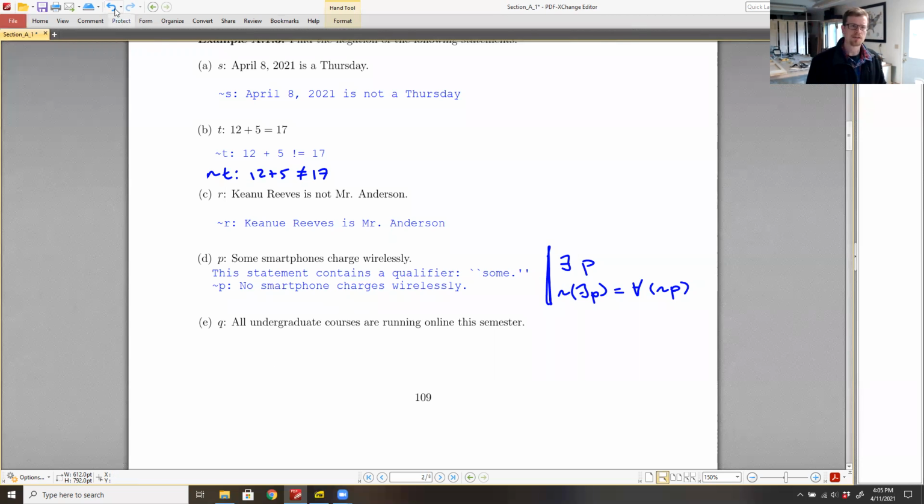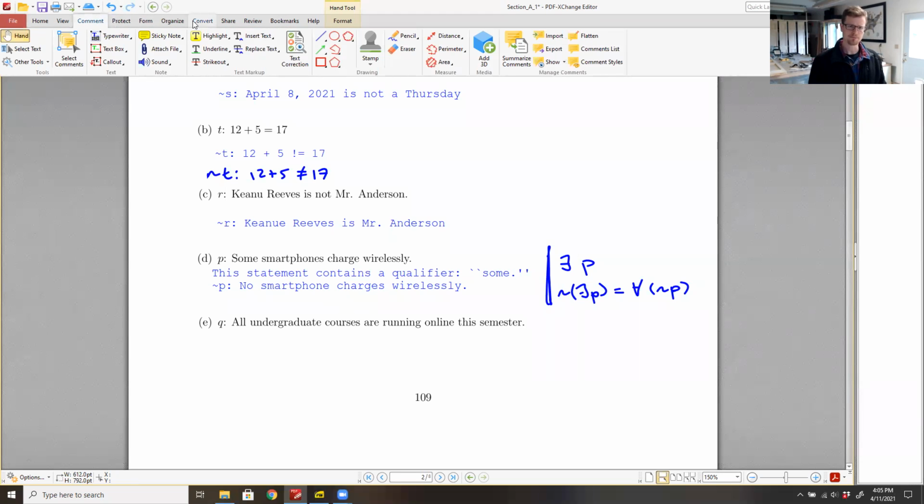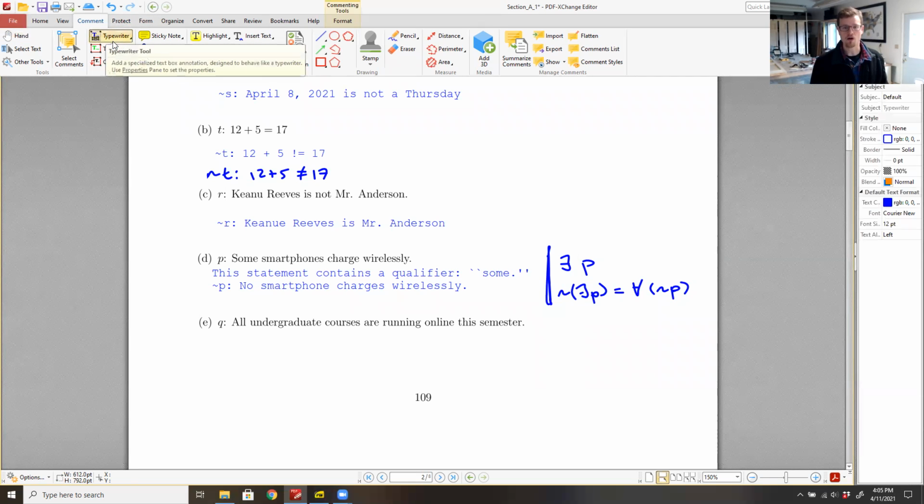So I would say that this is false. So anyway, we want to take a look at the negation of it. If we want to say that all undergraduate courses are online, and we want to give the negation of that, we would simply say, hey, we can actually find one that is not online.